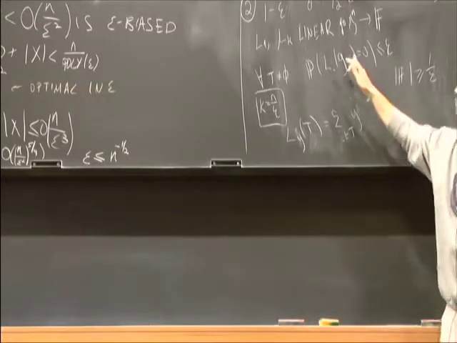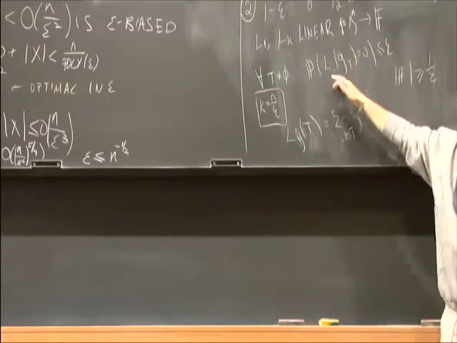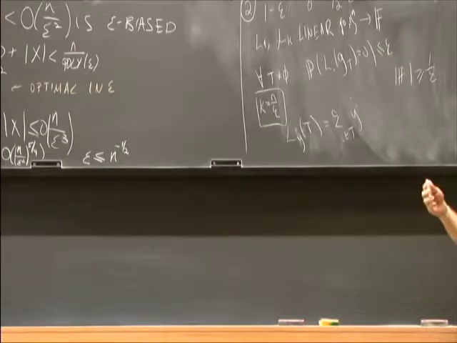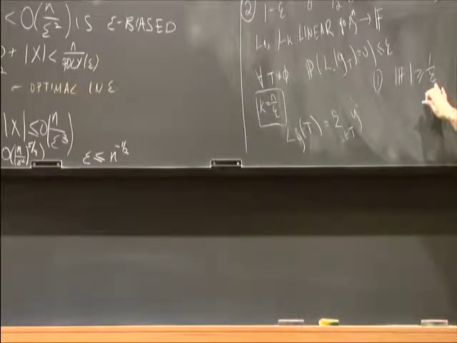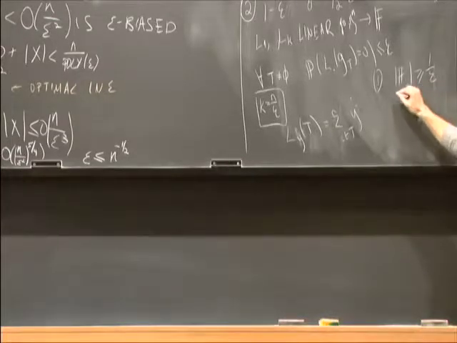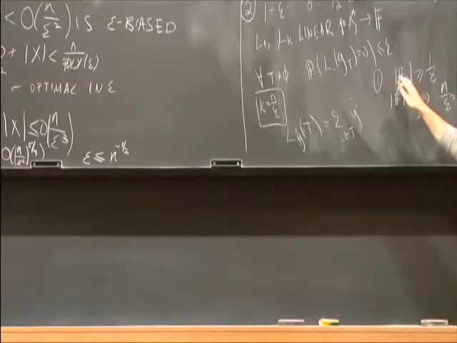Otherwise, if we take a random element here, this will happen with probability 1 over the size of F. But if we could achieve a field of size roughly 1 over epsilon, then we get a construction of size n over epsilon squared, which is optimal. So we could hope to get such a thing.